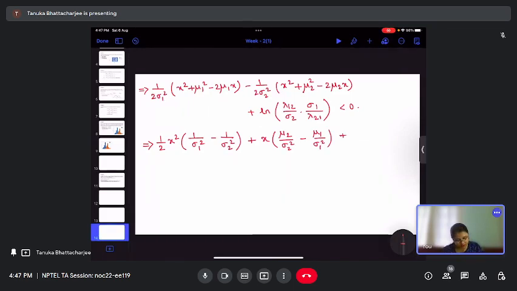So it will be half mu 1 square by sigma 1 square minus mu 2 square by sigma 2 square plus ln of lambda 1 2 by lambda 2 1 into sigma 1 by sigma 2. This should be less than 0, right?